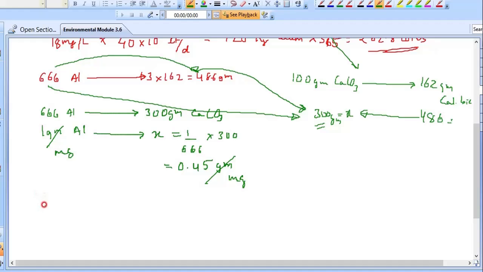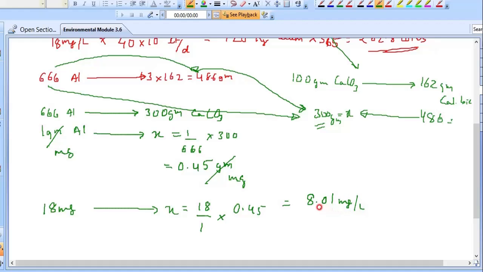Now how many mg are we adding? 18 mg we are adding. Then this becomes X, and X equals 18 divided by 1 into 0.45, that equals 8.01 mg per liter.